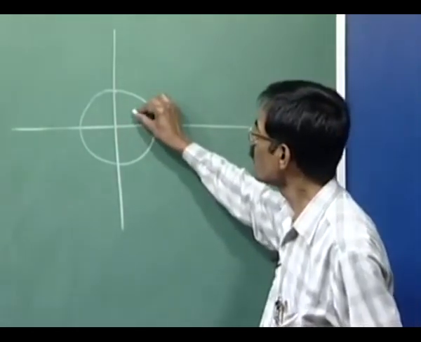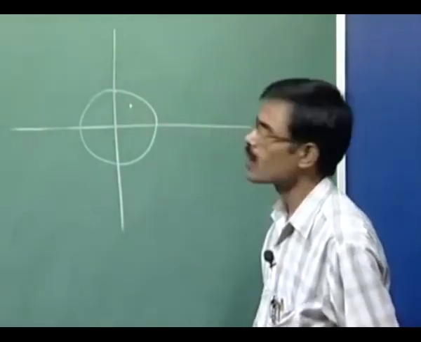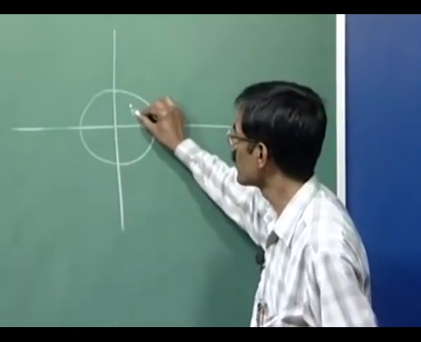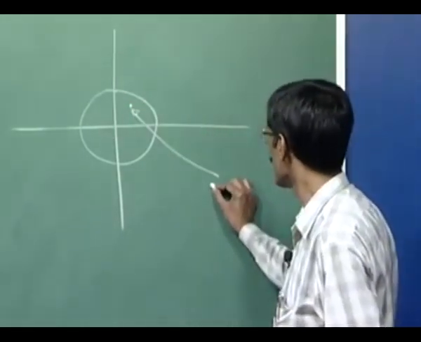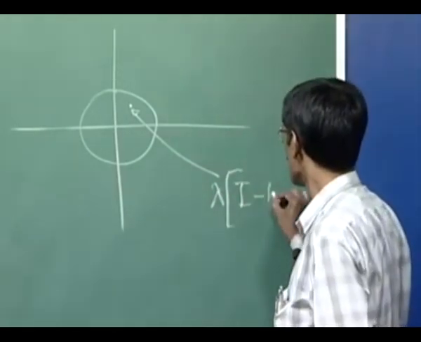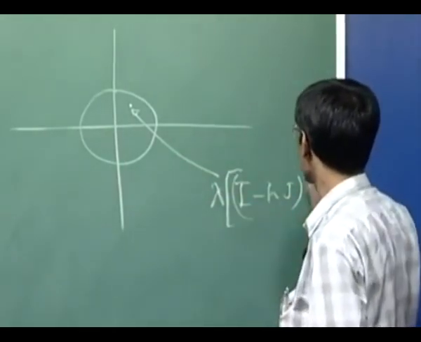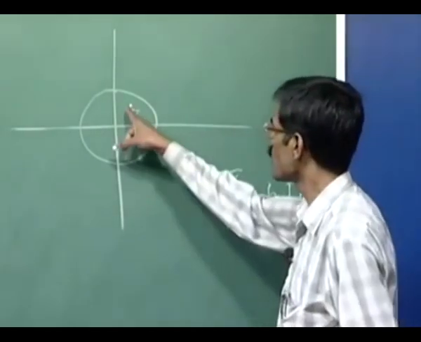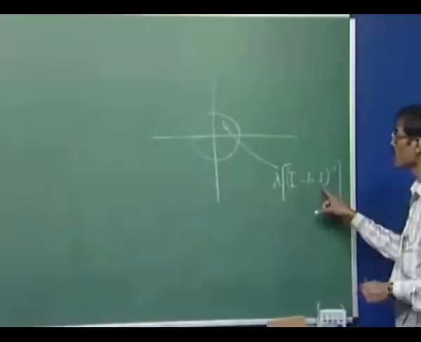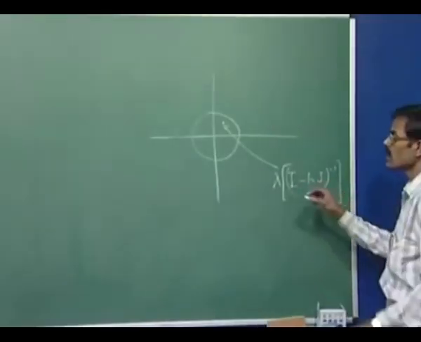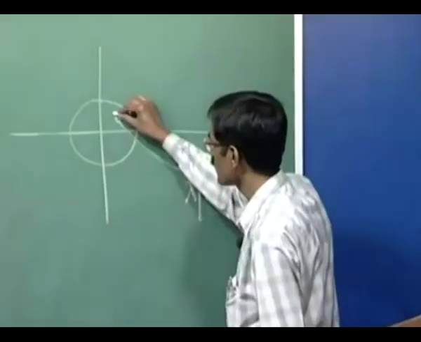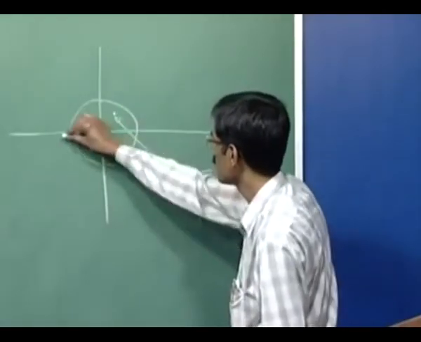So, suppose the eigenvalue of I minus h J inverse is here. For the eigenvalue to fall here for I minus h J inverse, where should be the eigenvalue of I minus h J? That will be a reflection, right? Reflection first by this circle and then by the real axis.